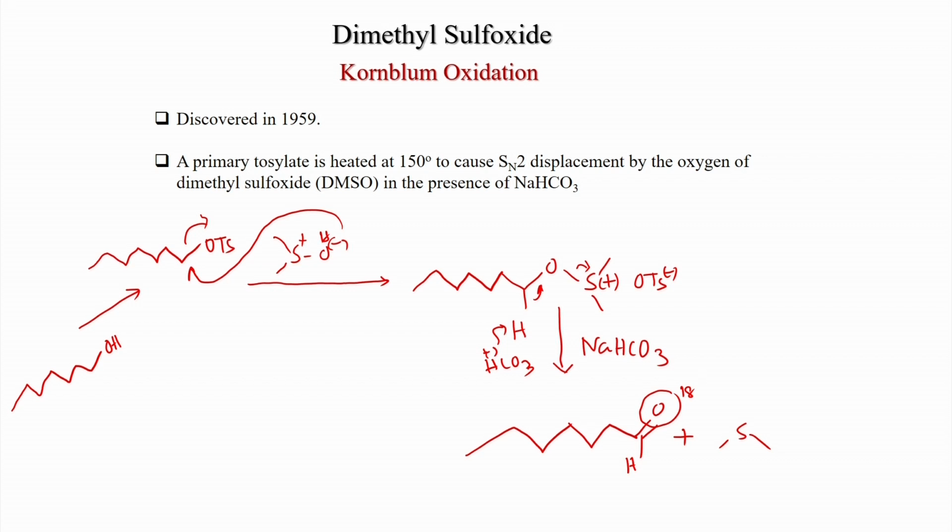Also, Kornblum showed that you can use alkyl bromide also, and alkyl bromide similarly with reaction with DMSO will do an SN2 substitution, and you get the sulfinate salt.